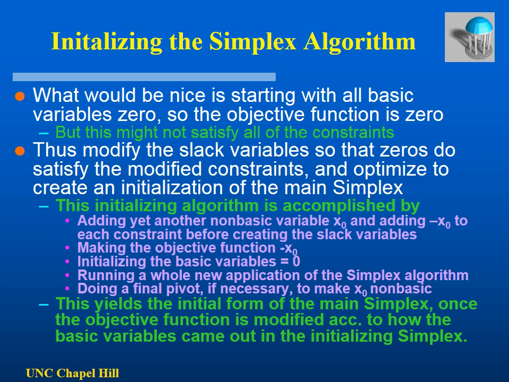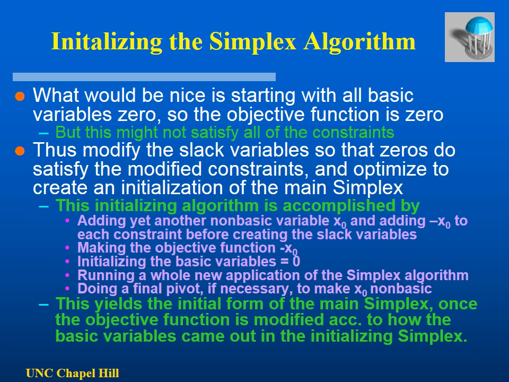But unfortunately, we may be constrained away from 0, 0, 0, 0 by one of the constraints. And so one of the constraints might not be satisfied. And thus, we cannot start simply with the all zeros basic variables starting point.